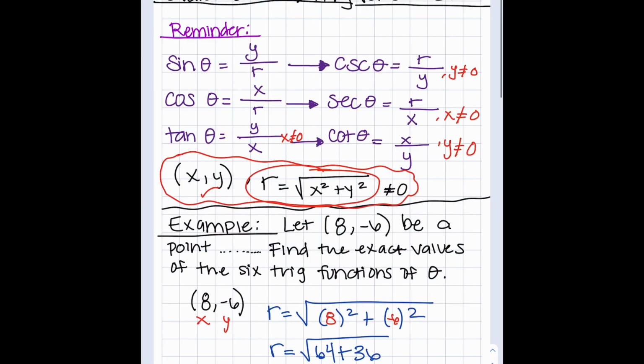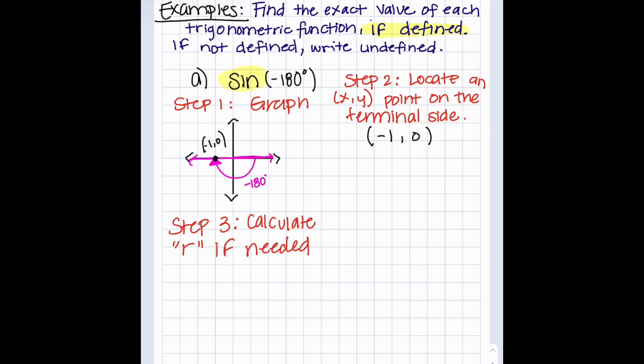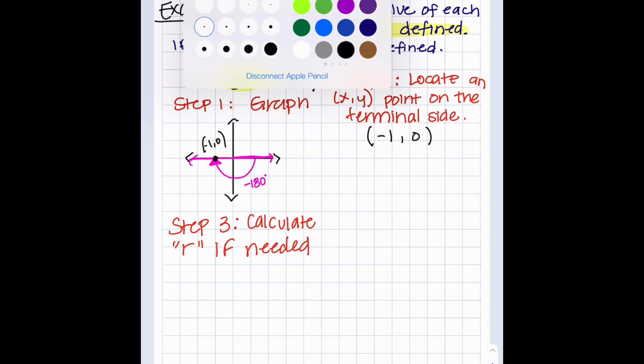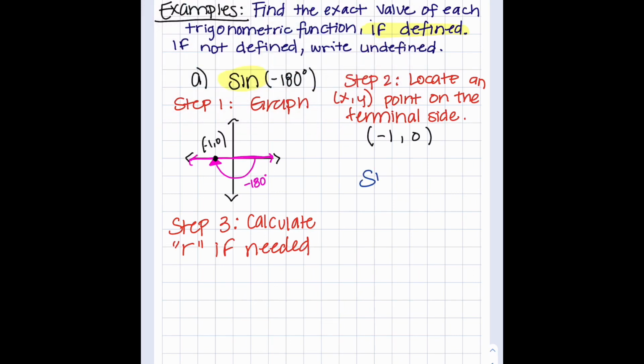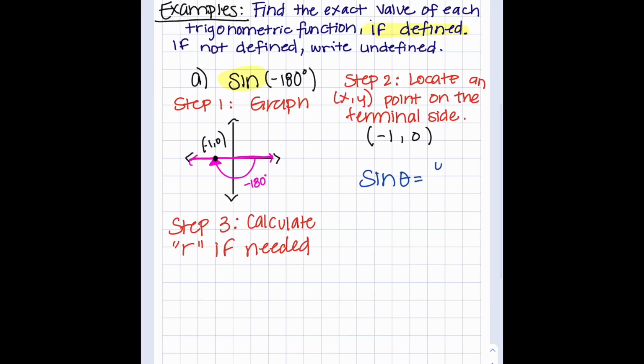In yesterday's notes, we said that sine of theta is equal to y over r. I don't care about anything else but this here for this example. So let me go back and remind myself that sine of theta is equal to, oh my gosh, what was it equal to? Totally forgot. Y over r. Okay, I'm going to get back to that in a second.